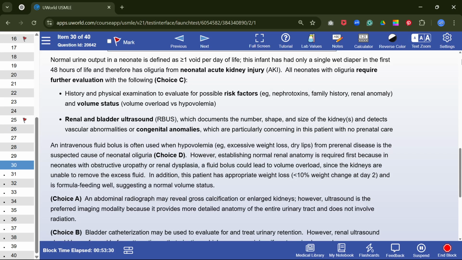In addition, the patient has appropriate weight loss, less than 10% weight change at day 2, and is formula feeding well, which suggests a normal volume status.